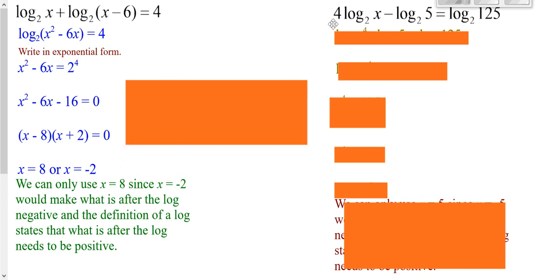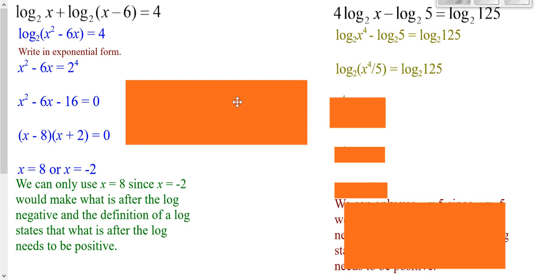Over here, we have a number in front of our log, so we could take that up as an exponent. We want to try to get one log on each side. On the left side, we have a log minus a log, so we know we should be able to divide those. Now that you have one log on each side, you can drop your logs and just solve it like normal. Multiply by 5, now take your fourth root, and when you take an even root, remember it's plus or minus.